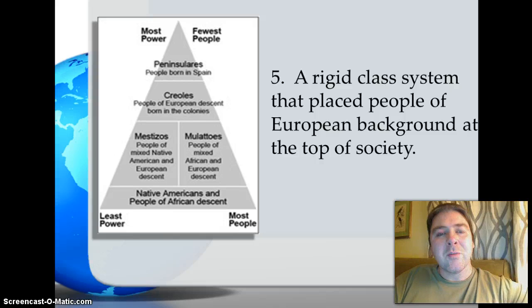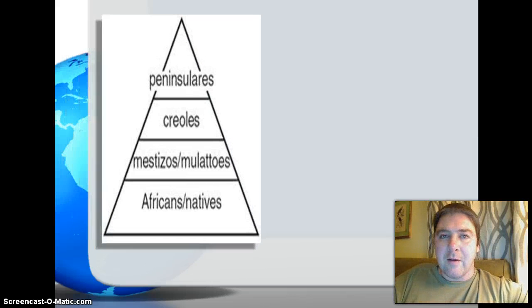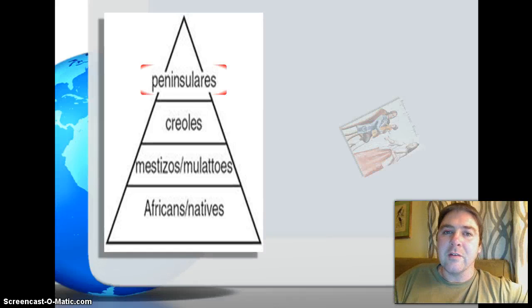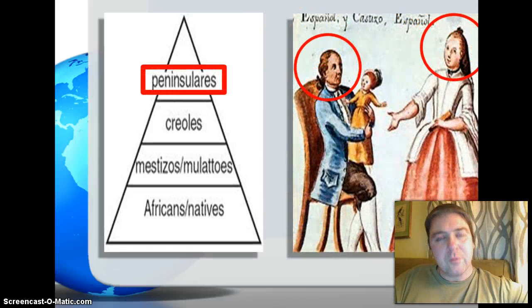And this system, as we see in the graphic here, placed people of European descent, people whose background was European, at the top of society in this system, known as the casta system. Think from your World I class, the caste system back in India, same idea here, the casta system in Latin America.